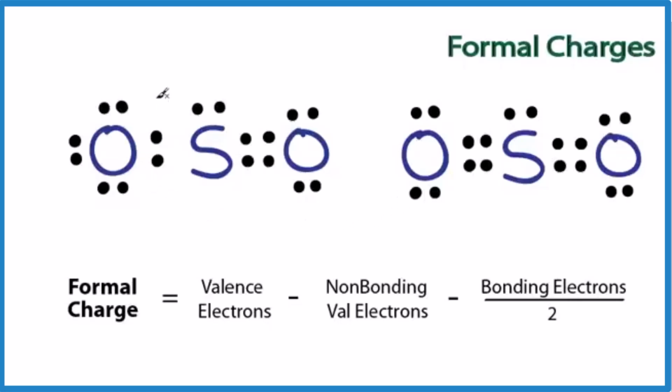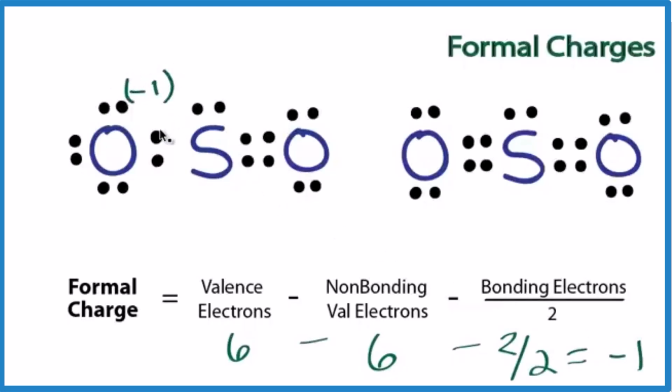So let's try it. We'll do this oxygen first, and oxygen is in group 6, so it has 6 valence electrons. Non-bonding, that's these ones on the outside, has 6 of those. And then bonding, we have a bond right there, 2 divided by 2, so 6 minus 6 minus 1 is minus 1. The formal charge on that oxygen is minus 1.